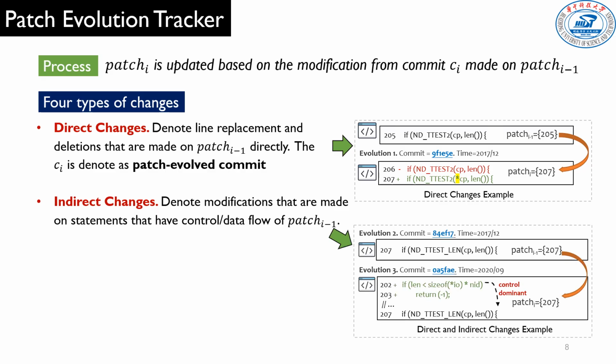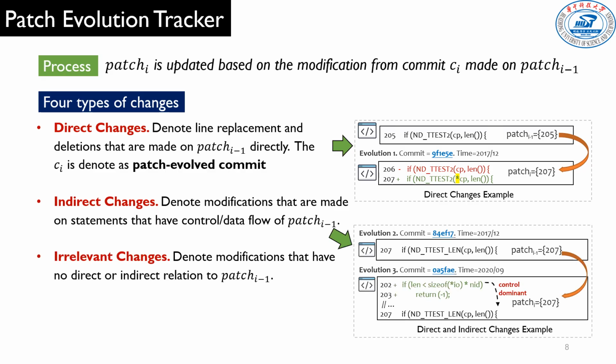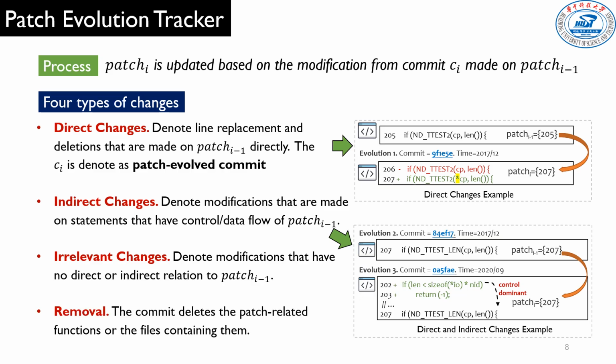The figure illustrates an example of indirect changes. Irrelevant changes denote modifications with no direct or indirect relationship to patch i-1. Removal occurs when the commit deletes patch-related functions or the files containing them.